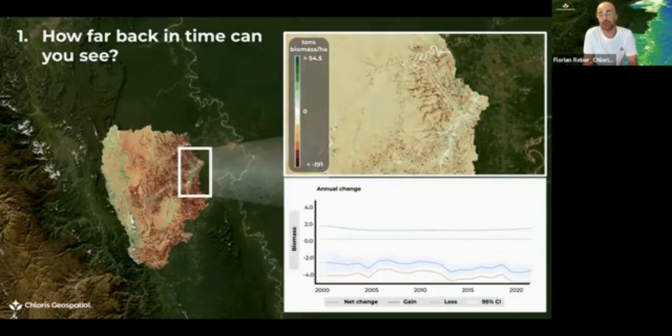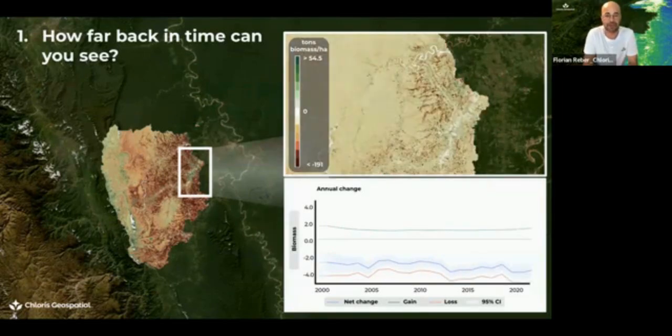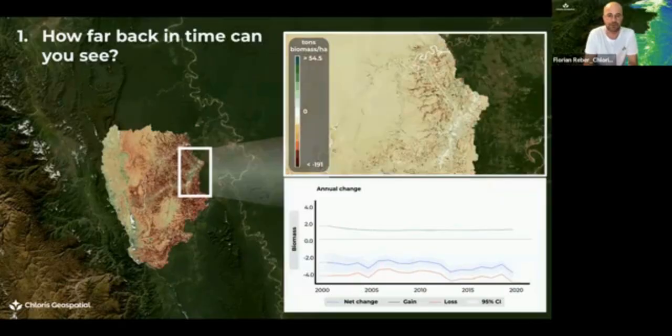Since this week, actually going until the year 2024, so Chloris now covers a quarter century of carbon history for any area of interest around the world. And so that now gives you a very deep view into the history of a site that you are checking. Next slide, please.